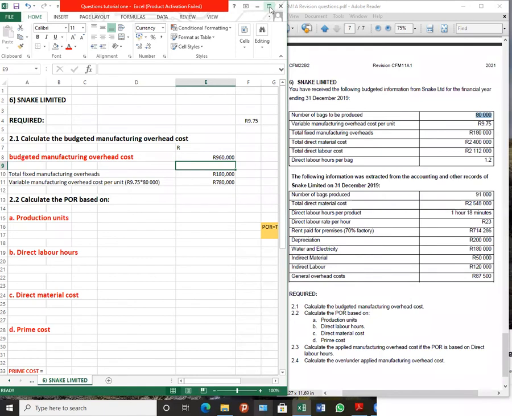POR is equal to budgeted manufacturing overhead cost over budgeted actual basis. Okay, nice try. Anyone who wants to assist him? You only missed one small thing, but you are on track. It's budgeted manufacturing overhead divided by budget of the suitable basis.